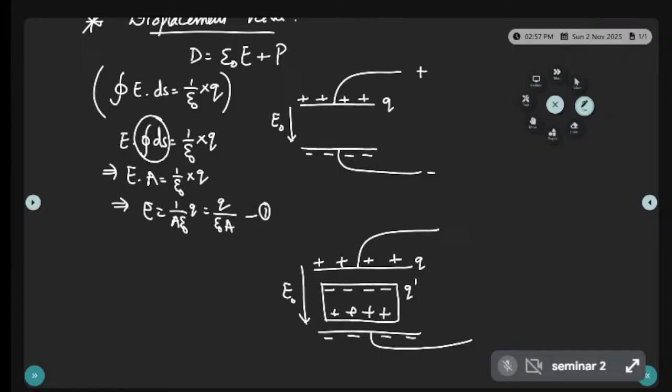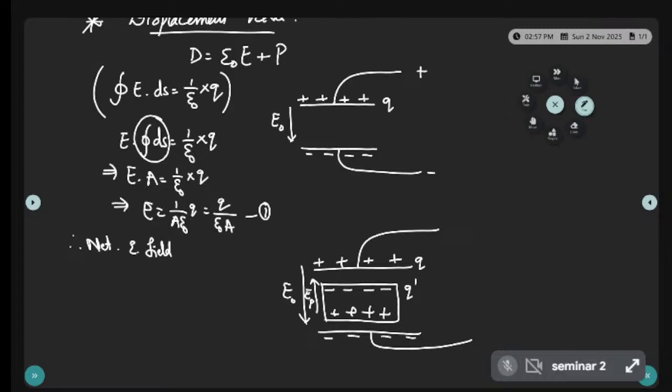With respect to the charge present in the plates, the field is E naught in the downward direction, but the induced charge direction is opposite to it. We represent it with the letter EP, meaning polarized charges. Therefore, net electric field is how much?